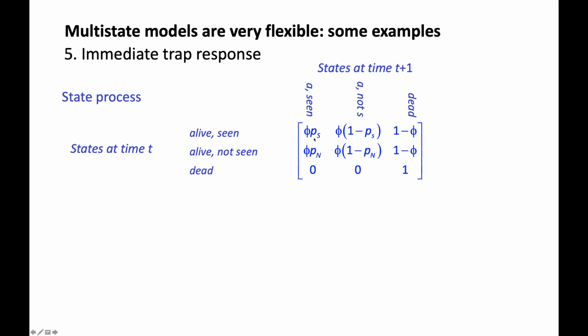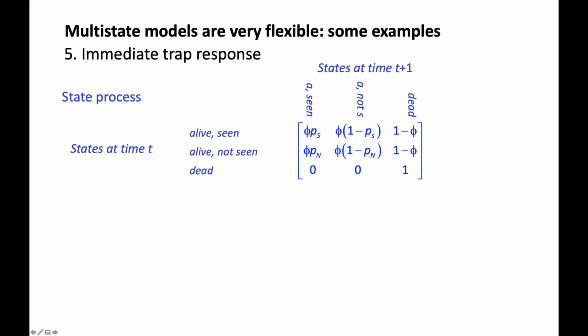And the trick is that the probability of being alive and seen at t+1 is going to be different depending on whether you were seen or not at the previous time occasion.